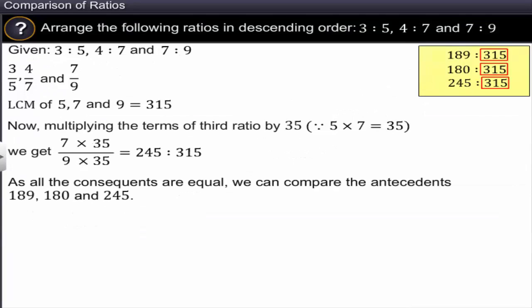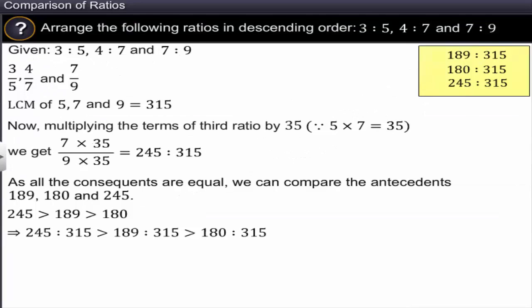As all the consequents are now equal, let's compare the antecedents 189, 180 and 245. 245 is greater than 189 is greater than 180. It implies that the ratio 245 is to 315 is greater than 189 is to 315 is greater than 180 is to 315.